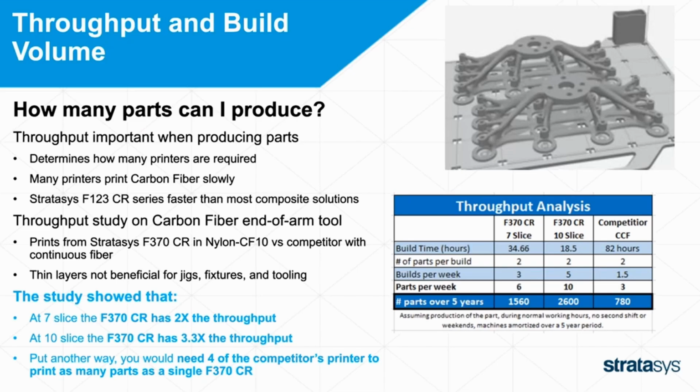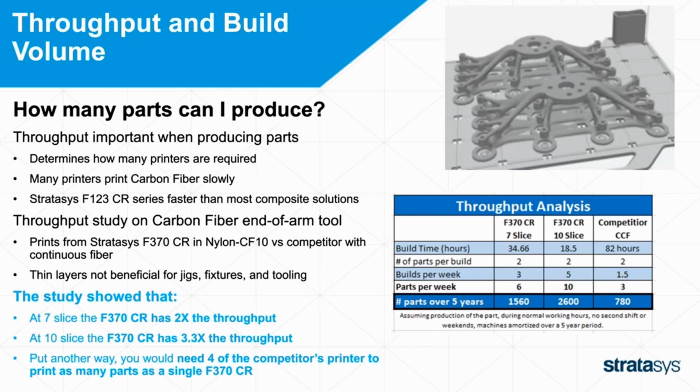Stratasys F123 printers are faster printing most materials, even composite materials, compared to the competitors. We did a throughput study on this end of arm tooling, which you can see in the upper right. We printed that build tray on a Stratasys F370CR in nylon CF10, and we printed those same parts on a competitor with continuous fiber.